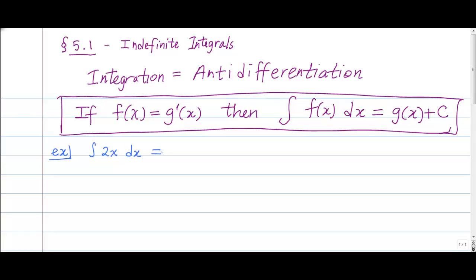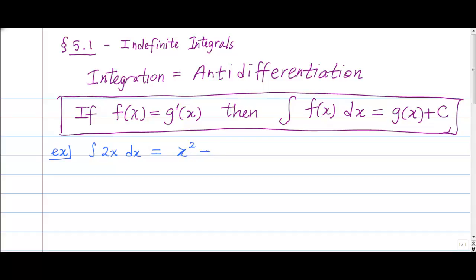Okay? So now I have to think to myself, what do I take the derivative of to get 2x? So for which function is the derivative equal to 2x? I know that the derivative of x squared gives me 2x, right?